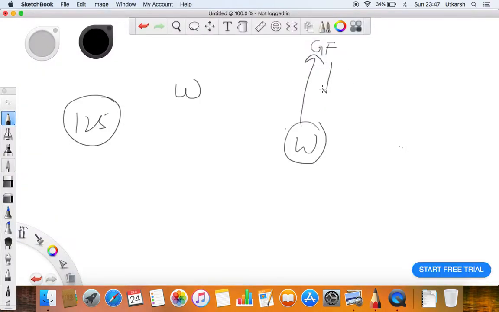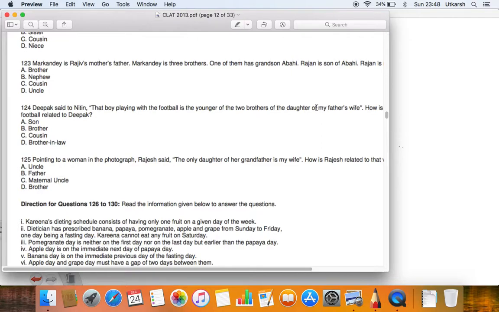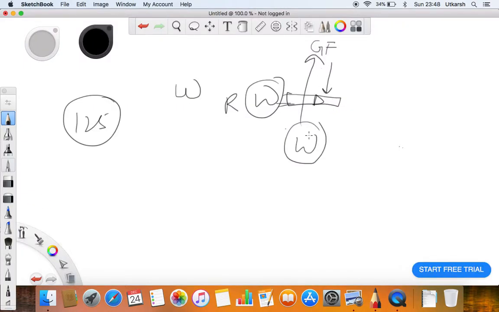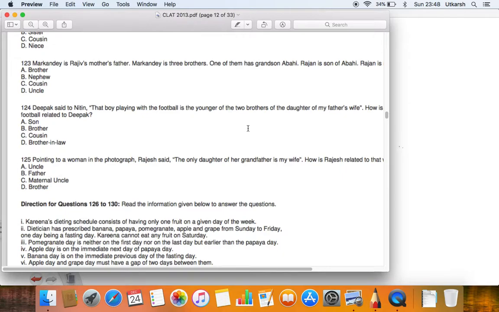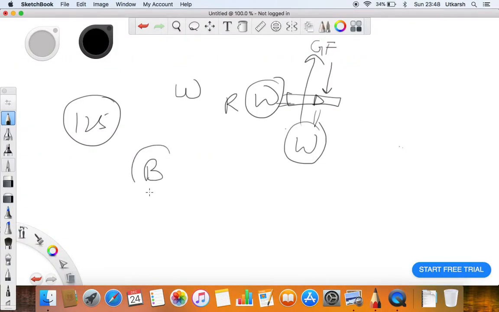So his daughter is one step above, and every step is like a generation. His only daughter, no sisters, so the only daughter is Rajesh's wife, equal to his daughter. So he's her grandfather, and obviously the daughter is her mother. So Rajesh is her father. So option B is the correct one.